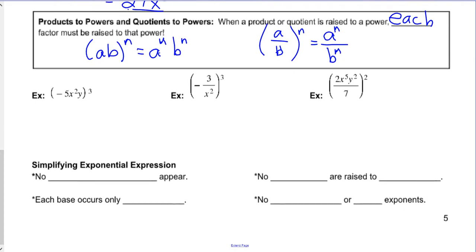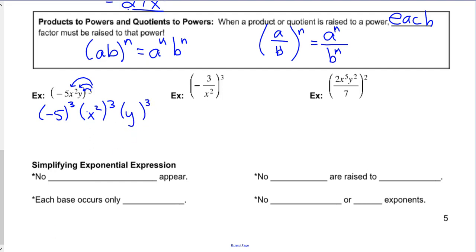All right, so let's look at these three examples. These three examples will help me deal with this rule here. So that means I have to bring the power of 3 in here, and in here. So I'm going to write it out for the first time, but you probably will get to the point where you don't have to rewrite this step.